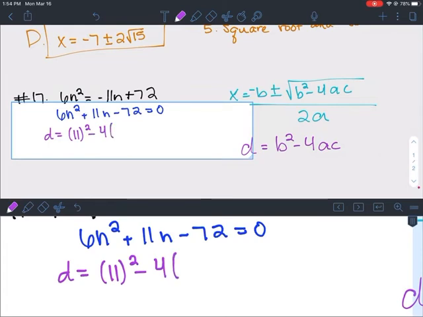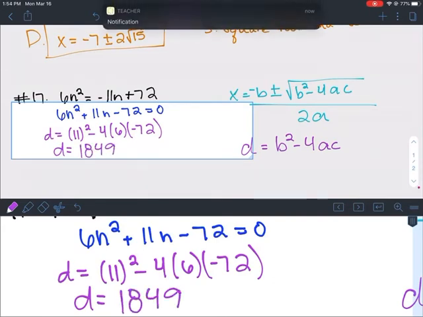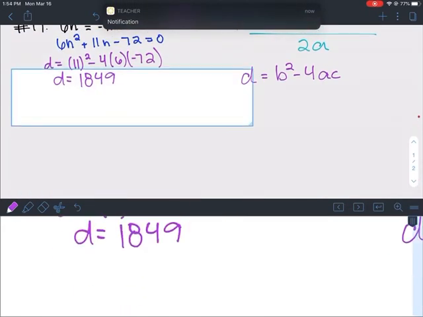So 11 squared minus 4 times our a value times our c value. And we should find that the discriminant is positive, and it's a big number.